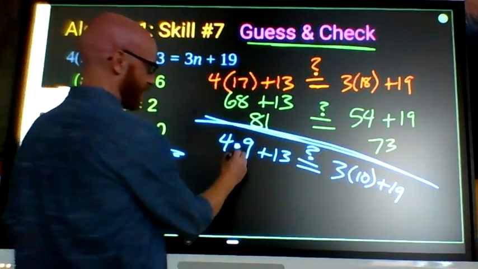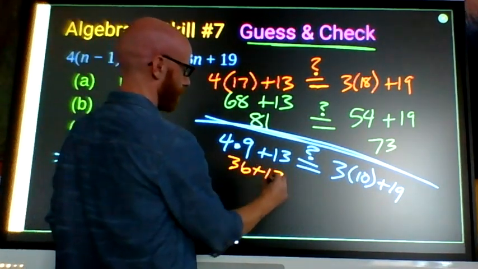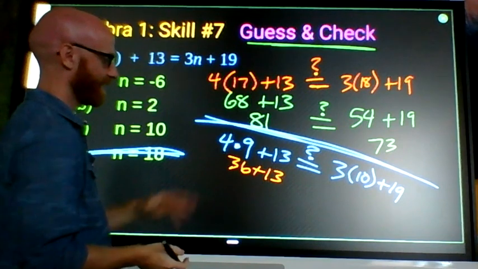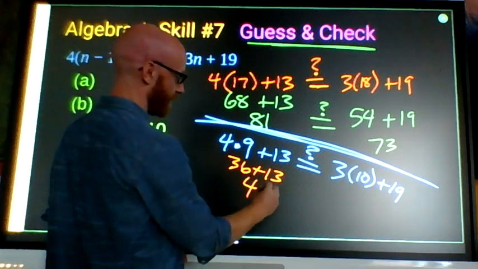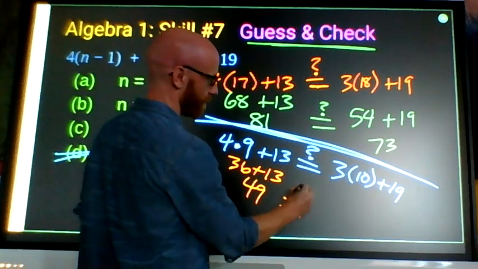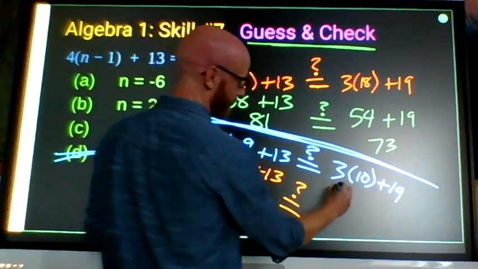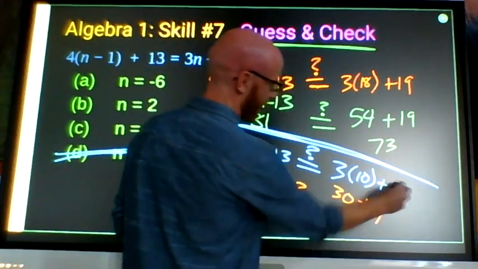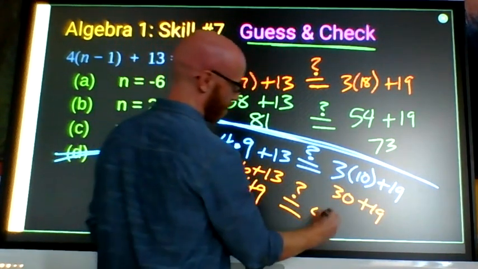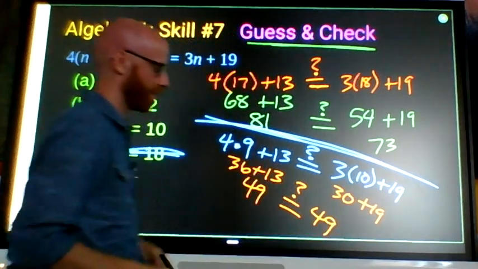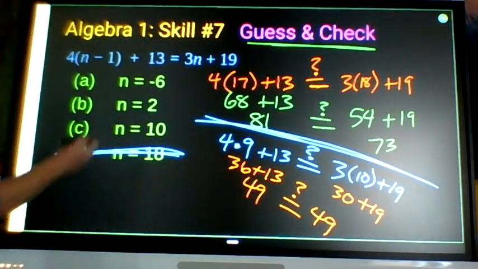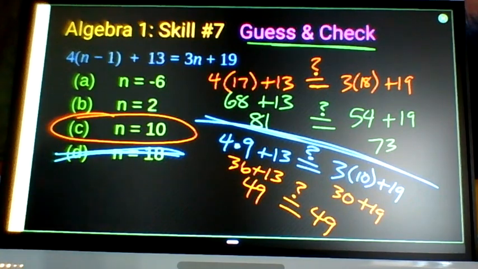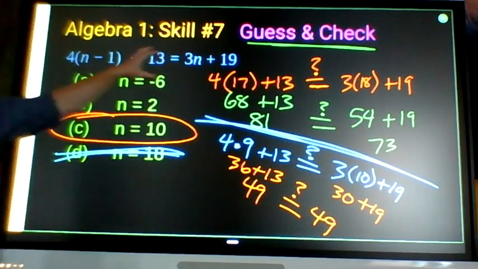Four nines is 36. 36 and 13 is 49. Does that equal 3 tens is 30, 30 plus 19 is 49. We have a winner, right? If n equals 10, it makes this equation true.